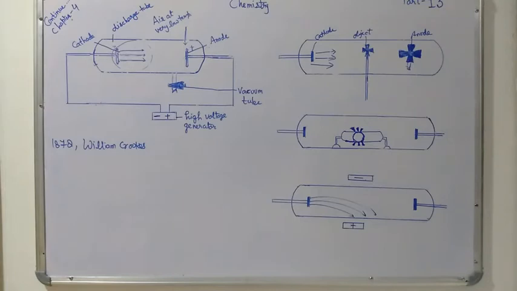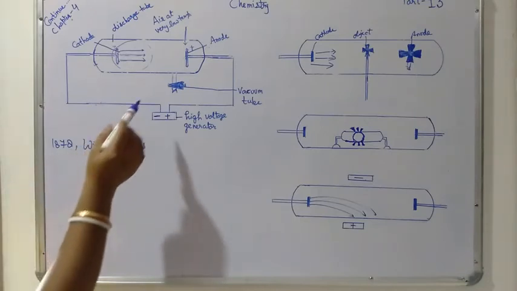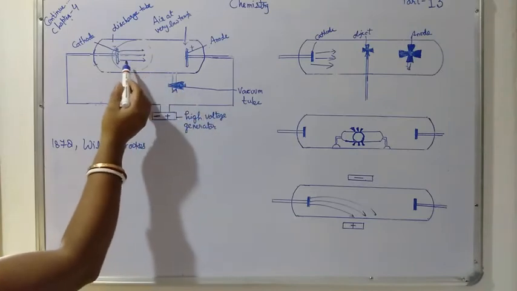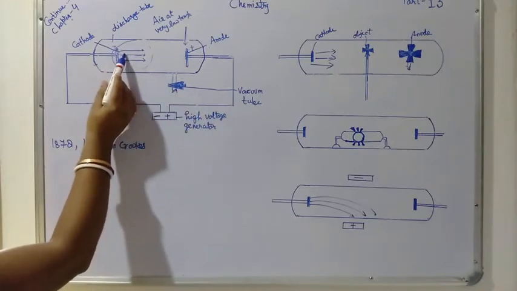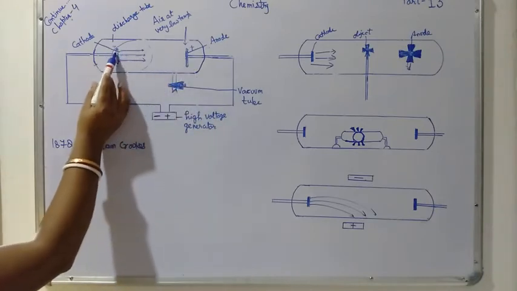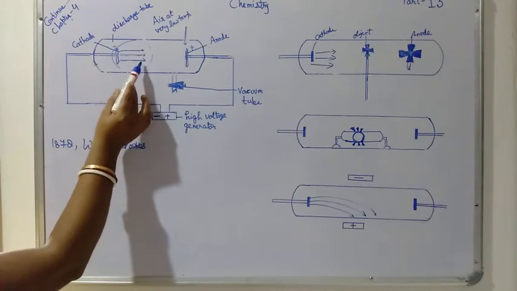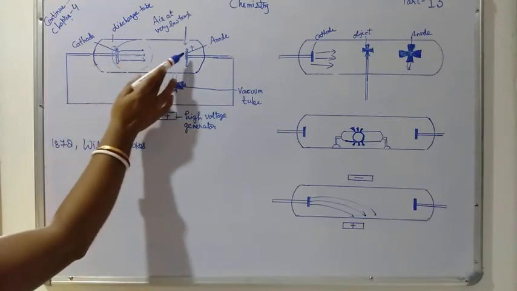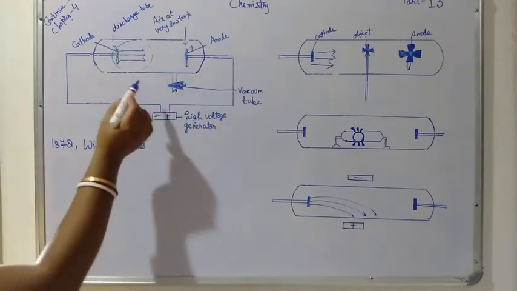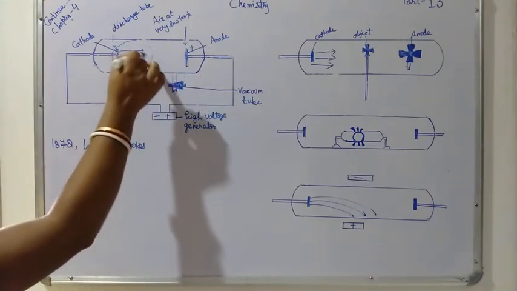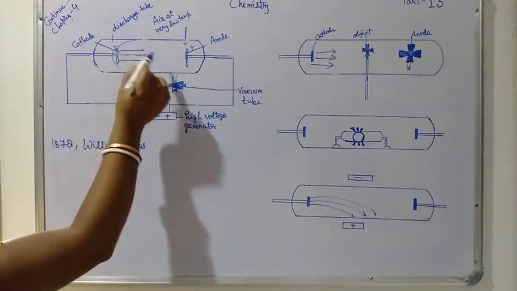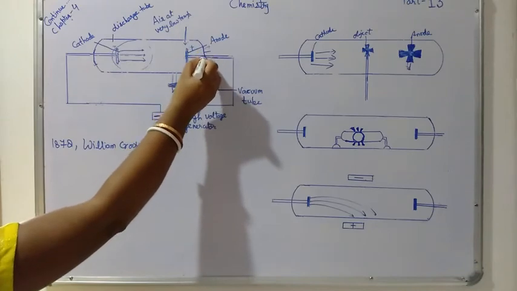Now what he observed: when he was passing electric current, he saw that some rays were coming from this side, from the negative side, and going towards the positive side. Because of the gas present inside the discharge tube, this side started glowing.